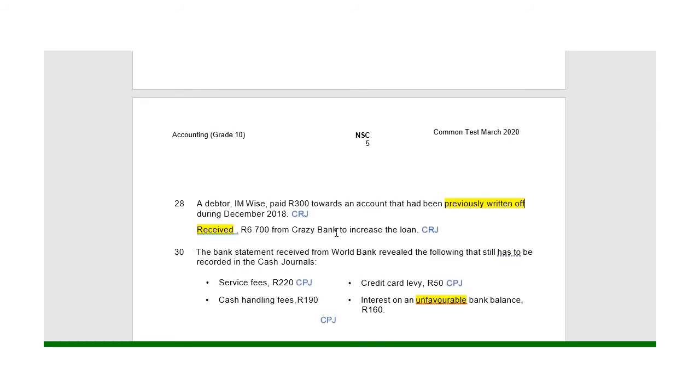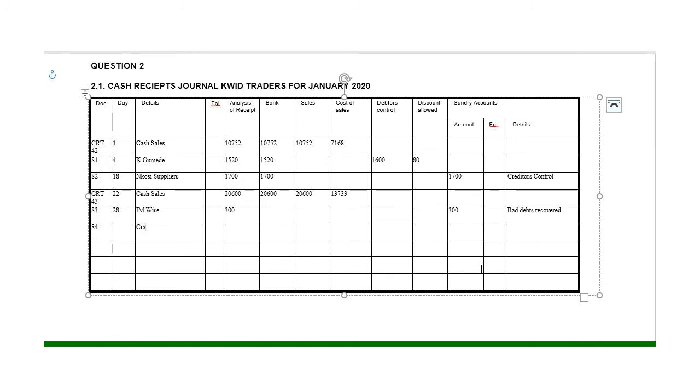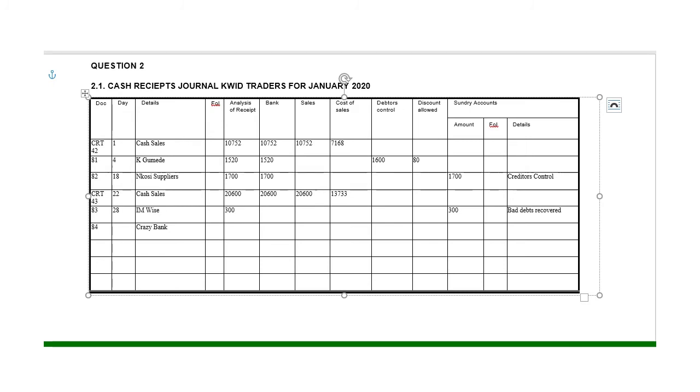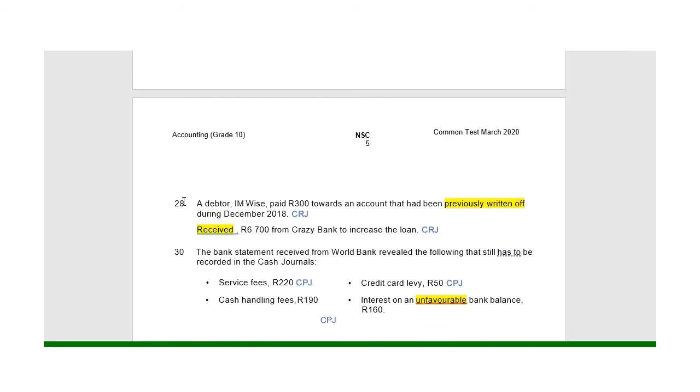And who am I receiving from? Crazy Bank. What is the amount that I received from the bank? 6,700. Okay, now I've got all the receipts for the 28th.